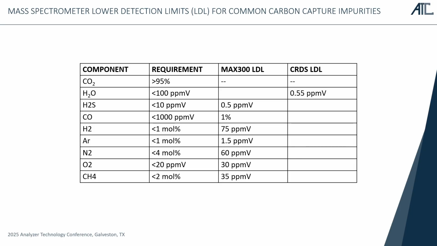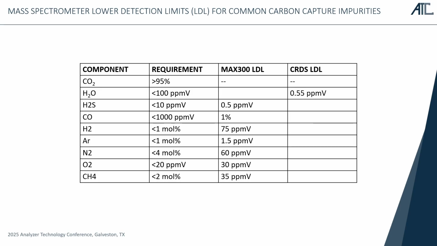You can see these specs that came from the program are listed under the requirement there, and they talk about what needs to be measured and at what levels. Next to that, you can see what the lower detection limit is for the analyzer in this case. And the lower detection limit is sufficiently below the measurement required in all cases except for two important ones.